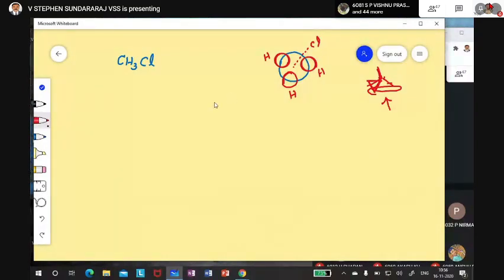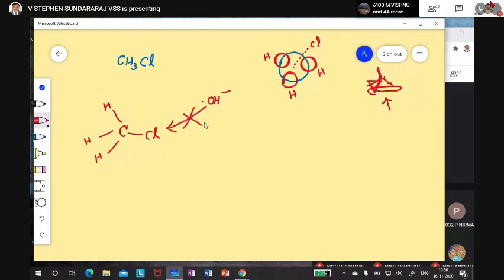Now, suppose one OH minus attacks this molecule. I am taking C, H, H, H. This is a triangular shape like that, okay? And this side, Cl. Okay, now this OH cannot attack from this side.